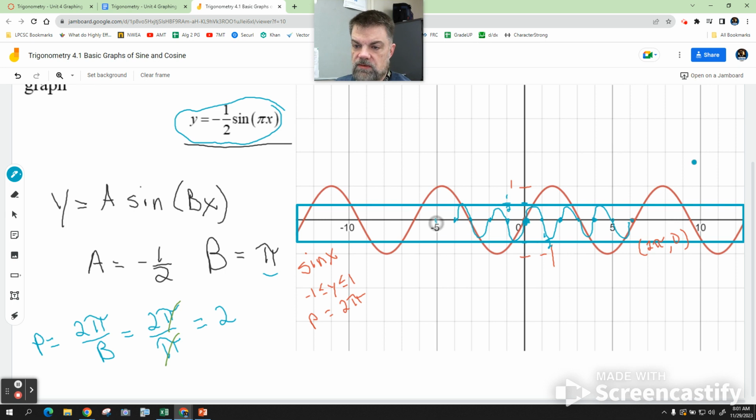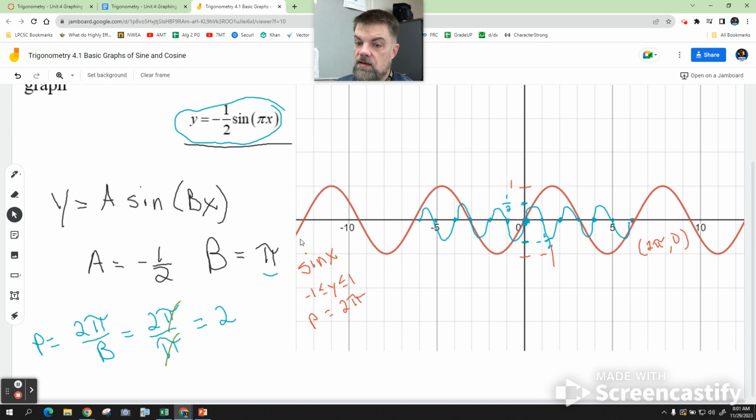Down and up. Okay? And so when I remove my little boundary, normally I sketch that or draw it lightly with my pencil with a dotted line, but when I remove this, that's what my graph will look like. Okay? Yes?